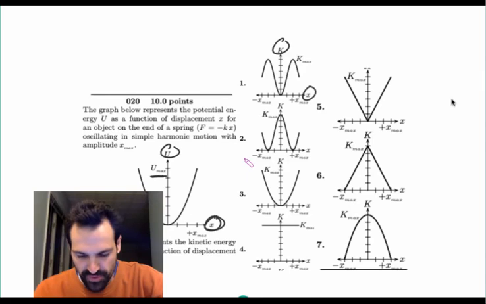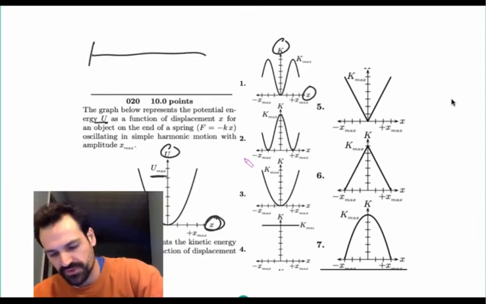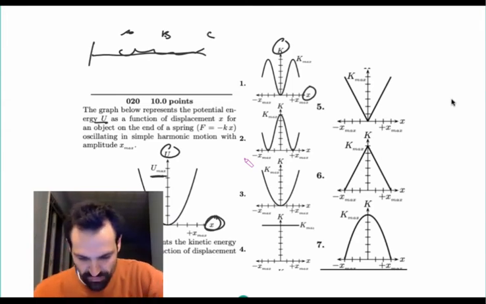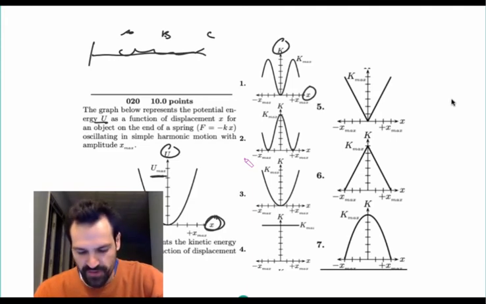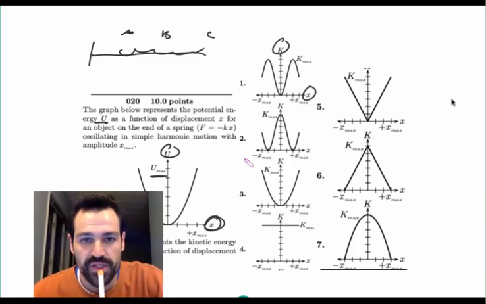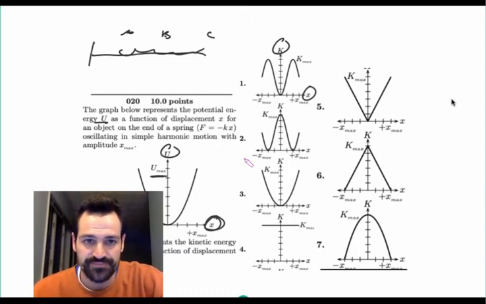So the graph below represents potential energy U as a function of displacement, as we predicted, for a mass oscillating on the end of a spring. And you guys know what this looks like: position A, B, and C, with amplitude x max. Which graph represents the kinetic energy as a function of displacement x?